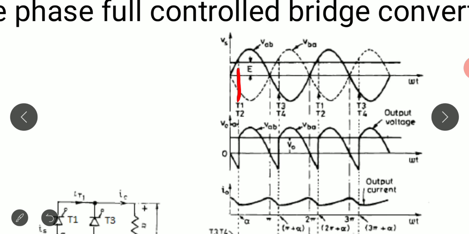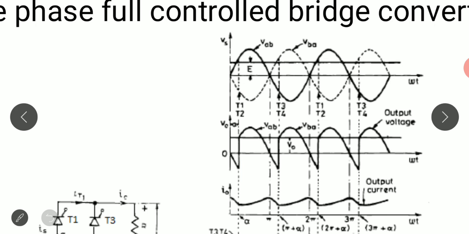We cannot trigger our SCR before this instant. So we have chosen this as our firing angle alpha. SCR can conduct at this instant.